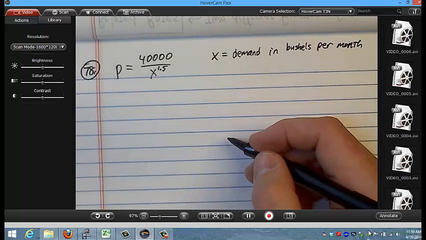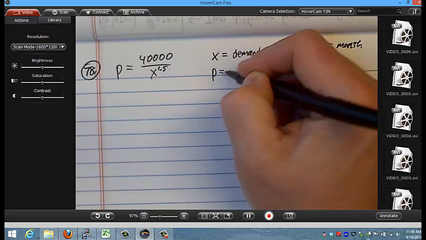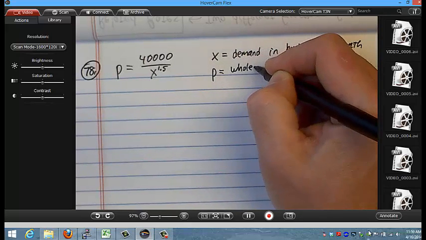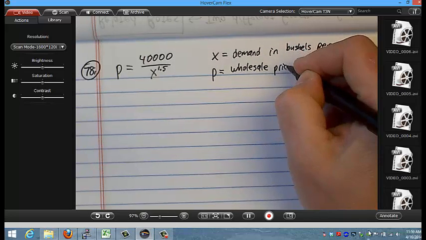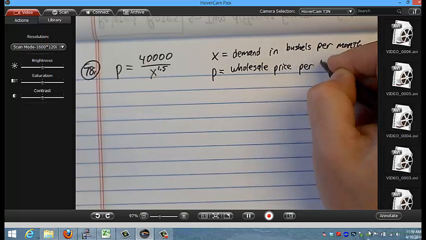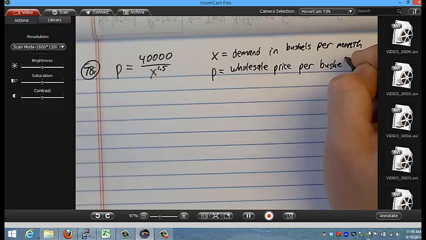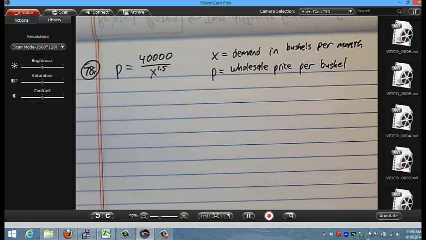And then the P is the wholesale price per bushel. It says the local farmers market finds that the demand is currently 900 bushels each month.